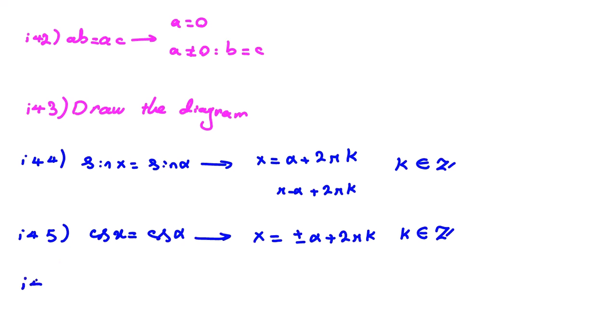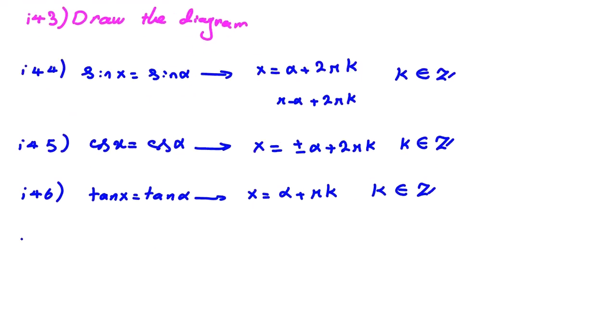Idea 46: tangent x equals tangent alpha, so x equals alpha plus pi k, where k is an integer. And idea 47: cotangent x equals cotangent alpha, then x equals alpha plus pi k, where k again is an integer.